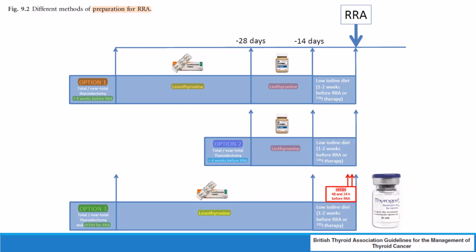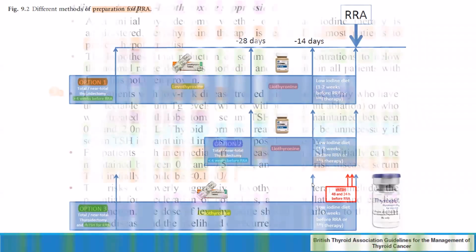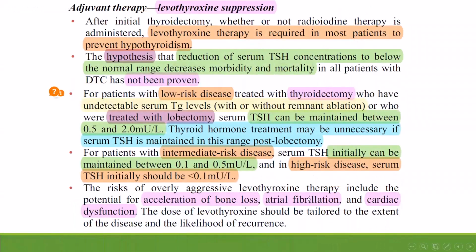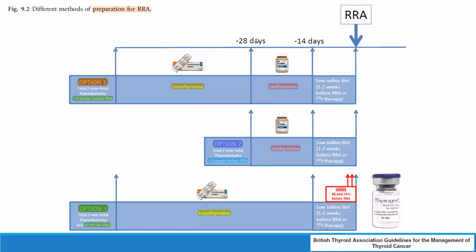It is 2 shots, 1 shot 2 days before remnant ablation and another shot 1 day before. And as I mentioned, this arrow is not correct in the guideline. It is a mistake in this guideline.